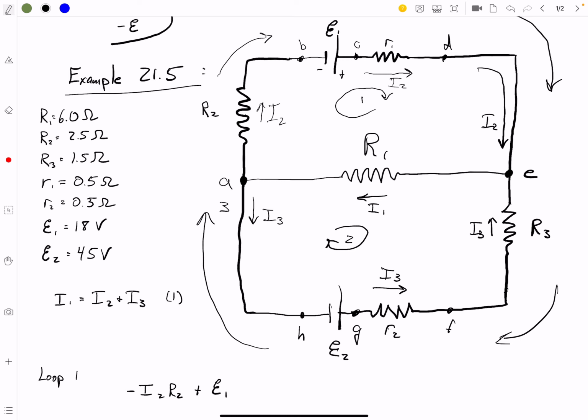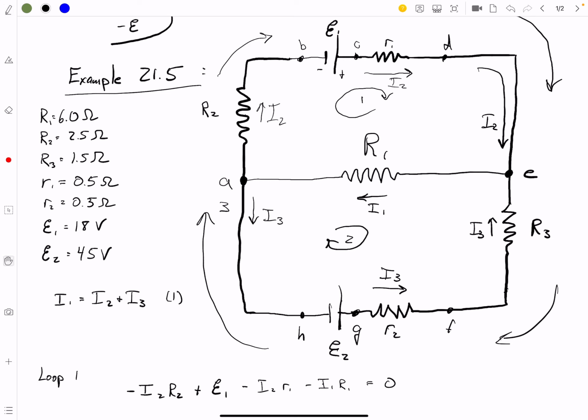And we're going to have a negative sign in front of I2 internal resistance 1 as well. And then we have to come back home. We're making it around the bend past point E. R1, I1 has to be also negative because it's a voltage drop because we're going with the current. And that all equals 0.